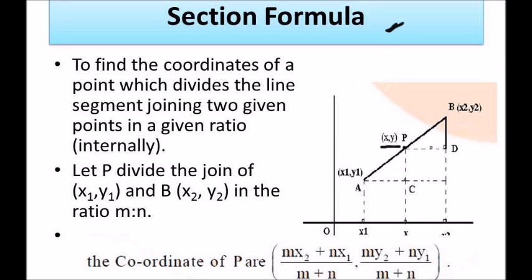Then the coordinate of the point is mx2 plus nx1 divided by m plus n comma my2 plus ny1 divided by m plus n. Remember, this formula is very important, so you should learn this formula by heart.